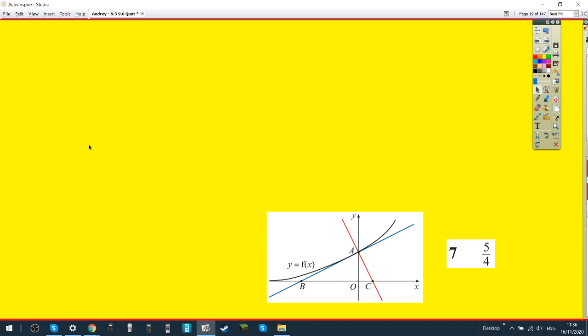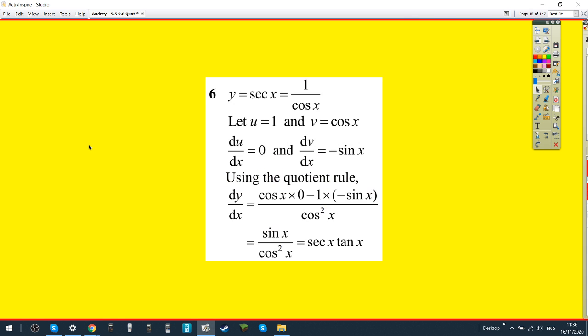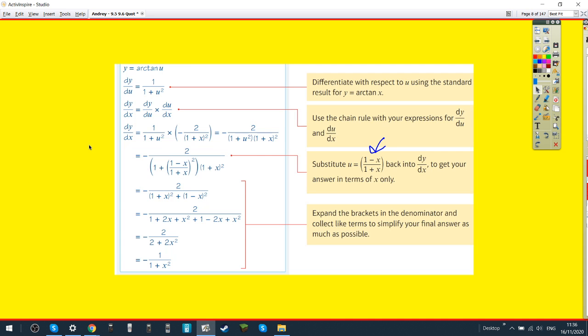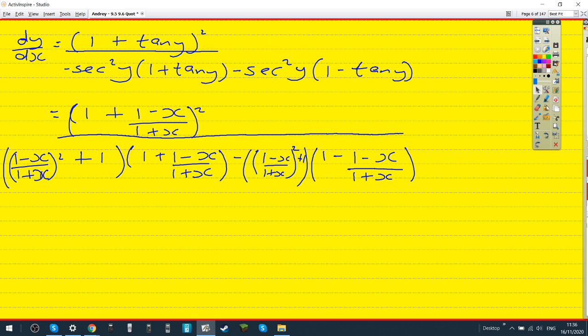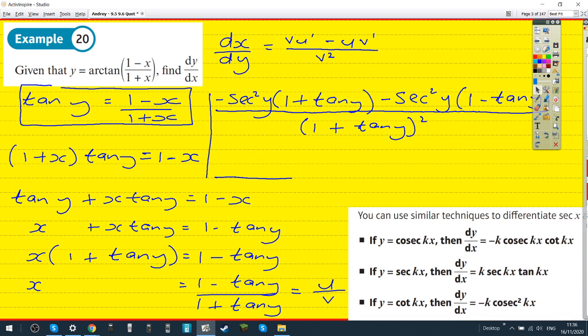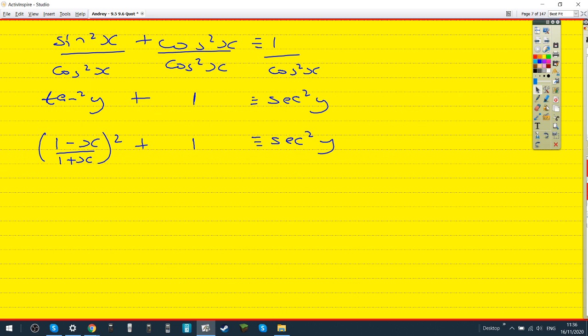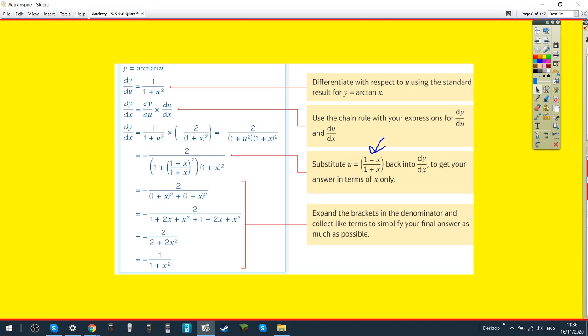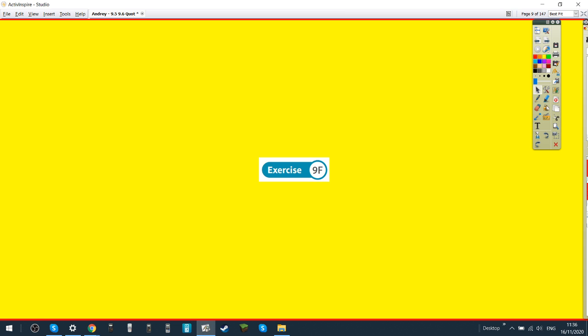One second. So what did we say the derivative of arctan x was? We never simplified it. The derivative of arctan u was 1 over 1 plus u squared.